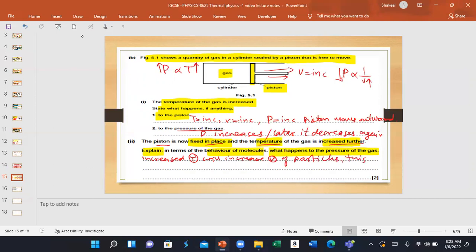This will increase the number of collisions with the container. Hence, gas pressure increases.